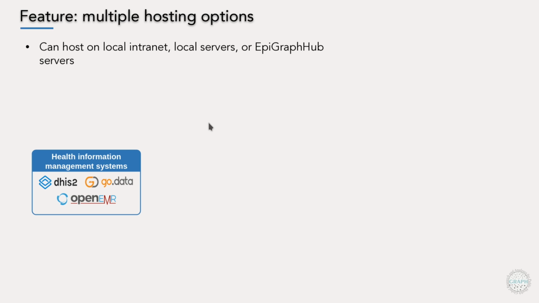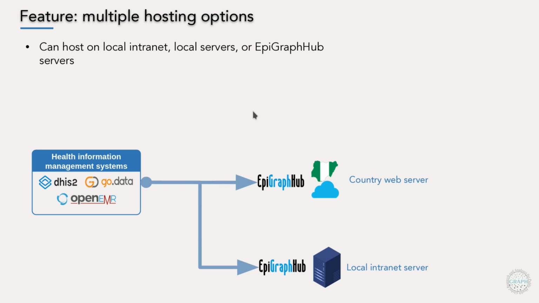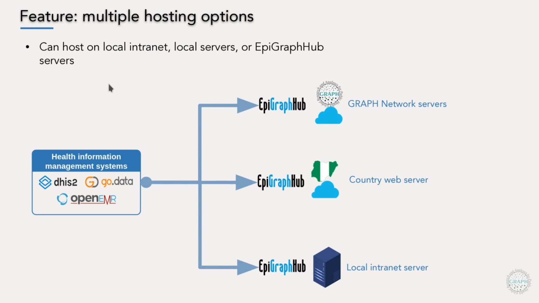You can host on your local intranet if you want to have total control, local servers. Say you have your own servers in your home or in your office, or at your personal computer. You can do that, or you can use our own server.